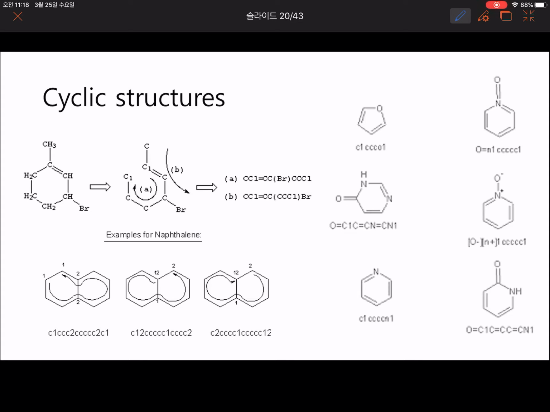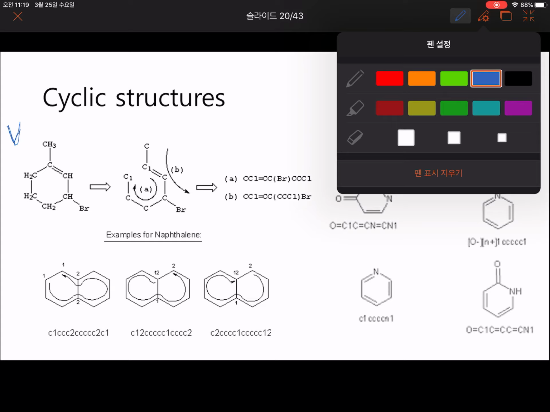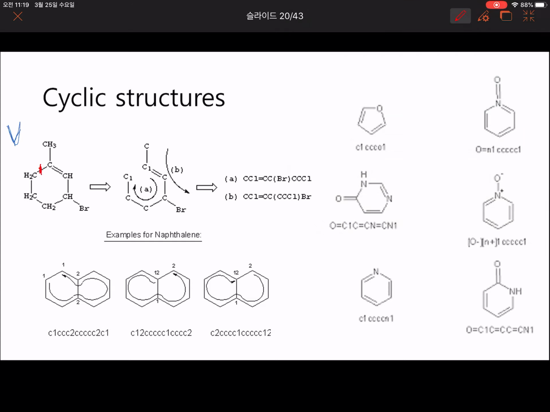Okay, then let's look at some more examples. So if you look at this cyclic molecule, as I told you, we assume that one bond is broken. So we assume that this bond is broken. Then it becomes like this, right? But in order to represent that this ring should be closed like this, the number 1 and number 1 are put at both.